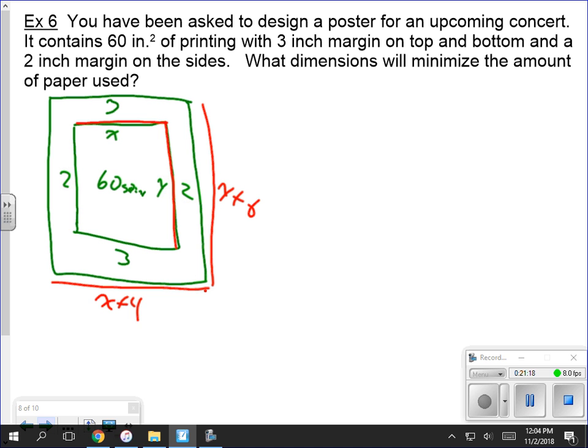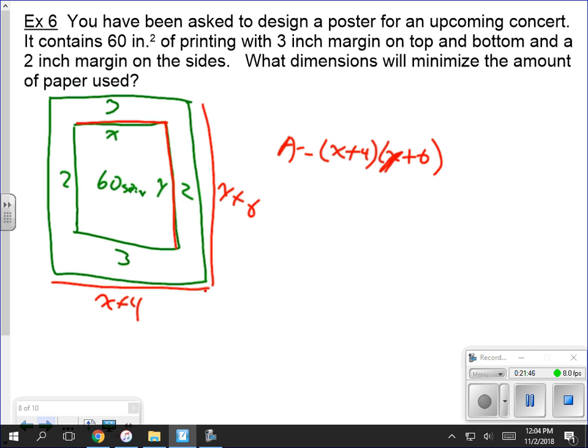So the area I want to minimize is x plus 4 times y plus 6. How many variables do I have in there? 2. That's one too many.